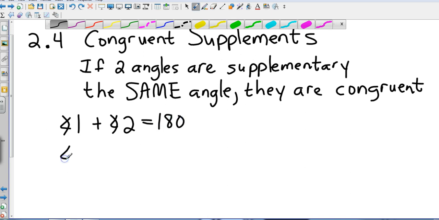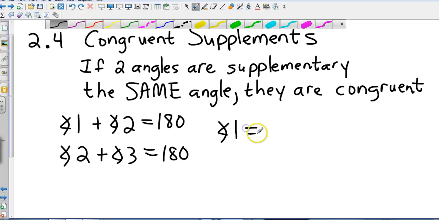And then if angle 2 plus angle 3 is 180, so if 1 and 3 are both supplementary to angle 2, then that means that angle 1 is congruent to angle 3, because they are supplementary to the same angle.